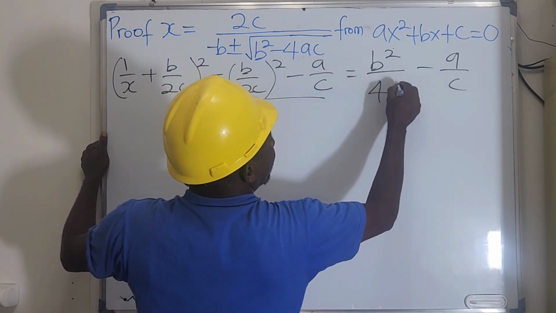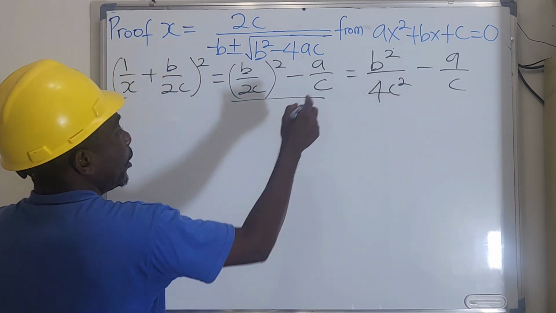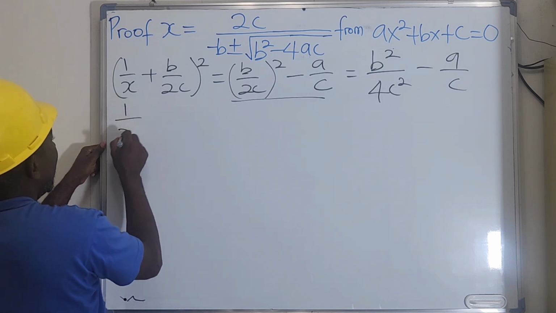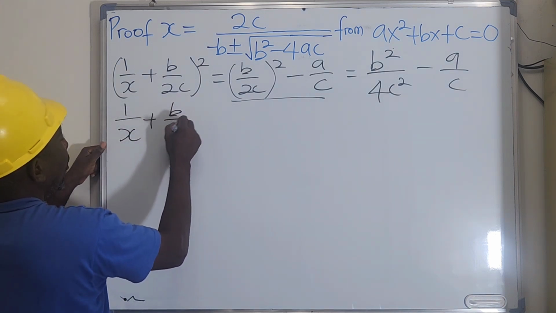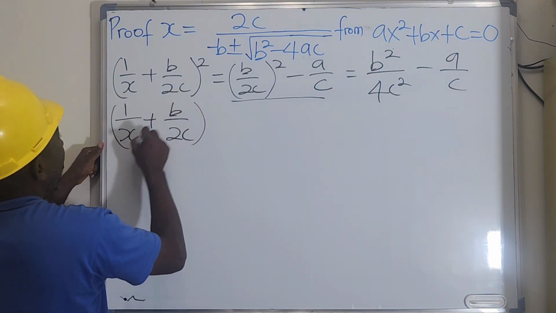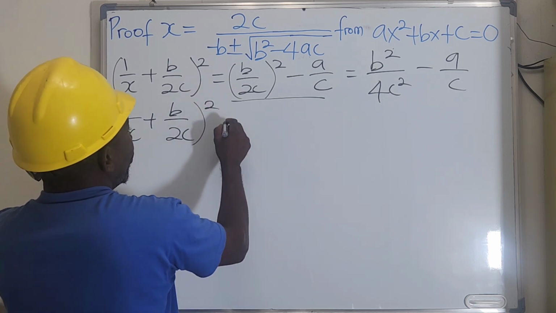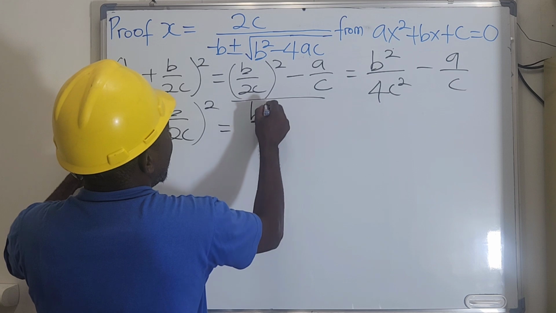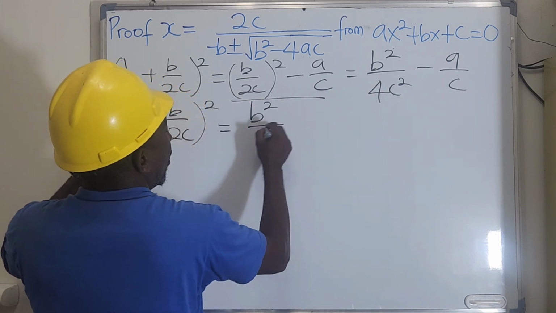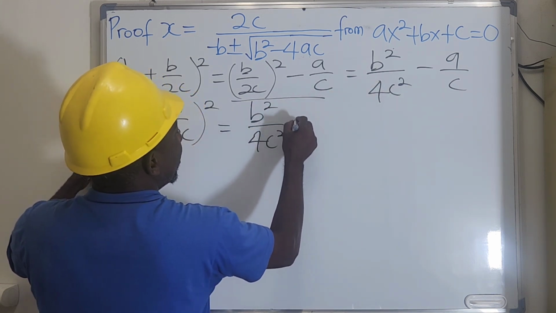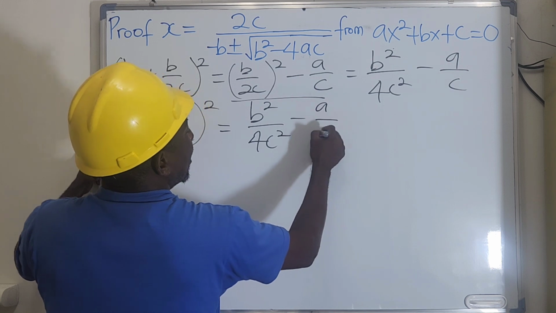This will become 4c squared. So this will become 1 all over x plus b all over 2c all raised to the power of 2 equals to b squared all over 4c squared minus a all over c.